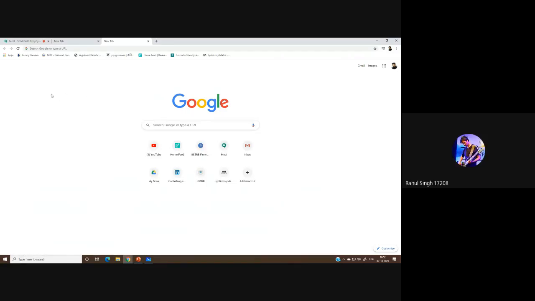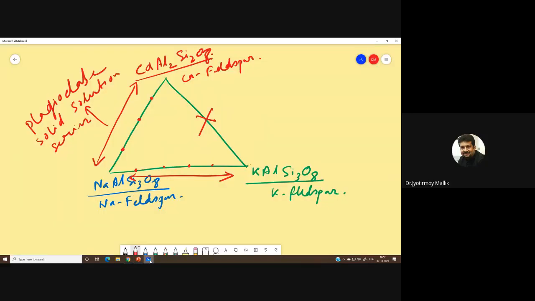Sir, you have interchanged the potassium and calcium part. Have I interchanged potassium and calcium? Yes, sir. Potassium should be at top. That doesn't matter.